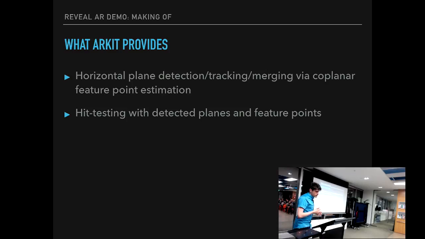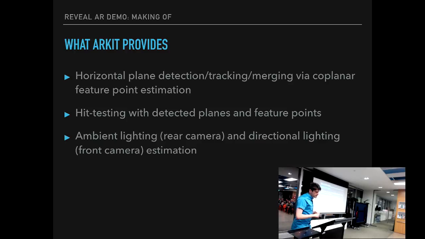It does allow you to hit test with those detected planes and feature points if you're not looking for actual horizontal planes. And it detects ambient lighting for rear camera and directional lighting for front camera on iPhone 10. And there's built-in integration with SceneKit and SpriteKit, which is really convenient.